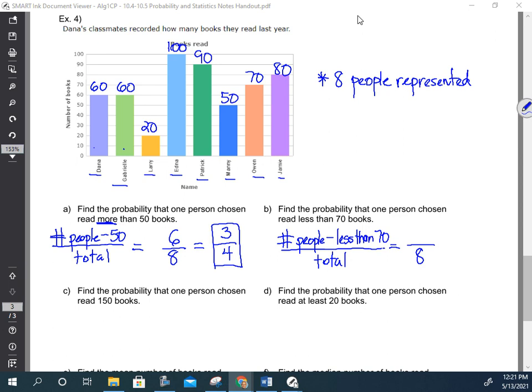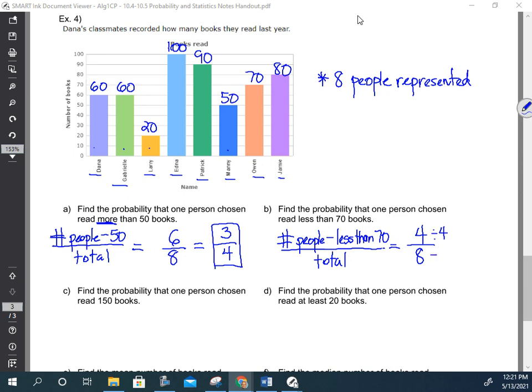Anna, Gabby, Larry, Ken. Owen is not included. It said less than 70 books. It did not say equal to 70 books. So less than 70 books is 4.